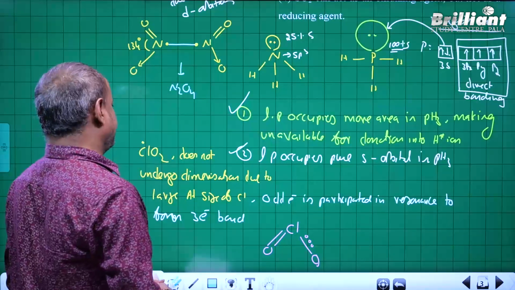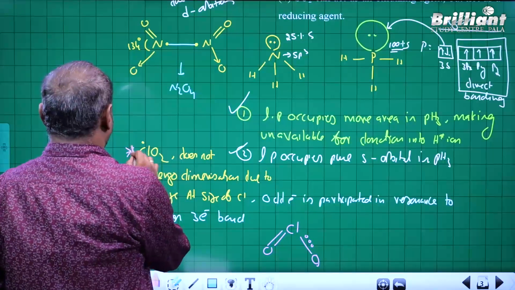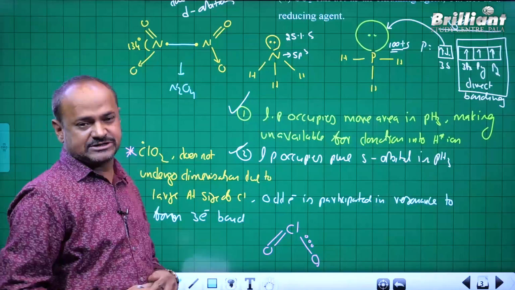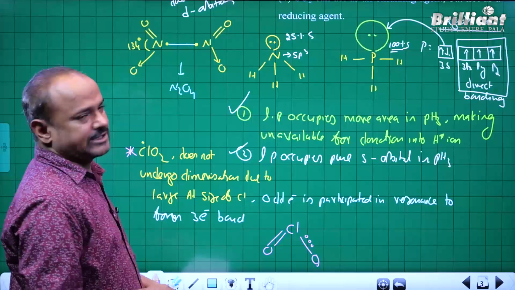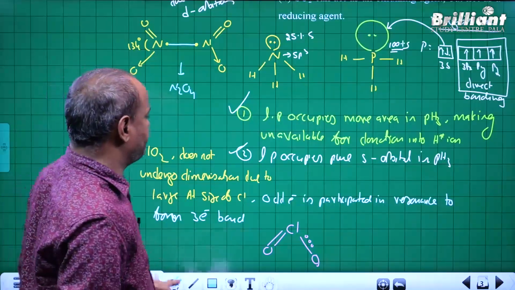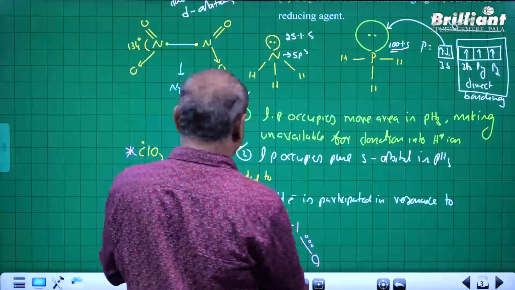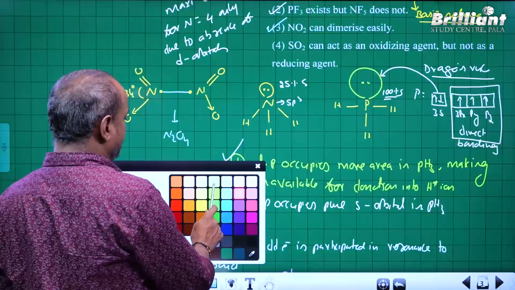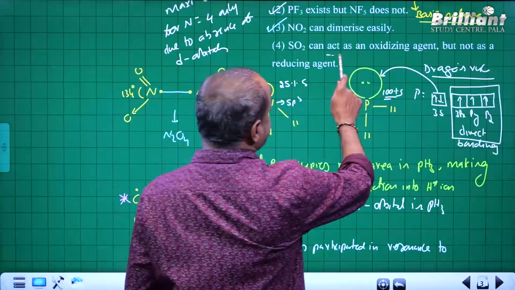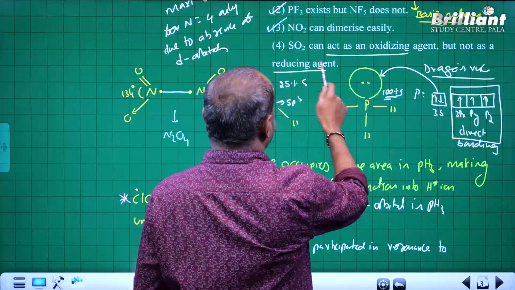Resonance like this, so this is one exception. It never participates in dimerization. There is no Cl2O4. The remaining odd-electron species all undergo dimerization. So this statement was correct. Next one: SO2 acts as an oxidizing agent but not a reducing agent.